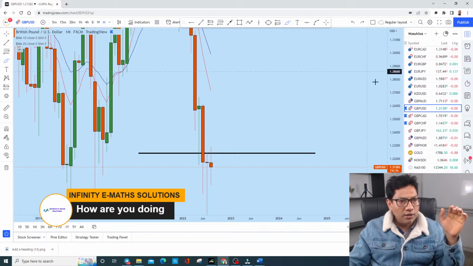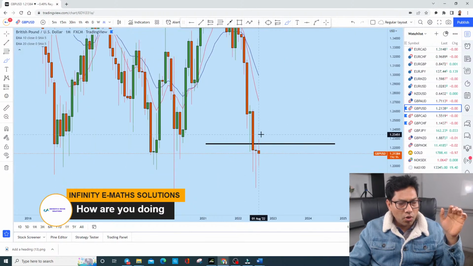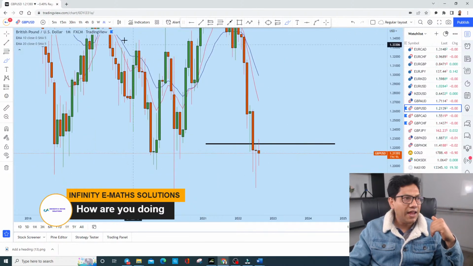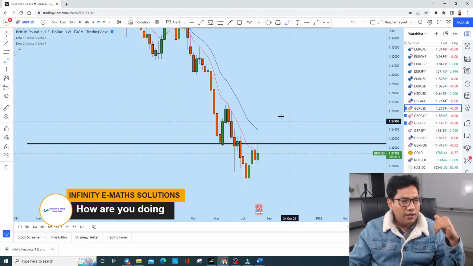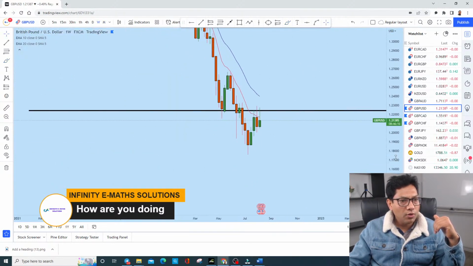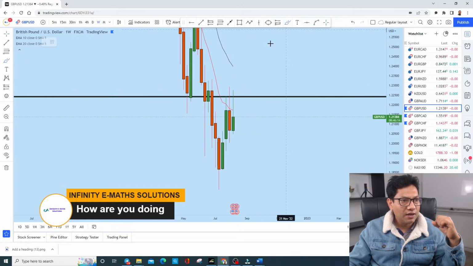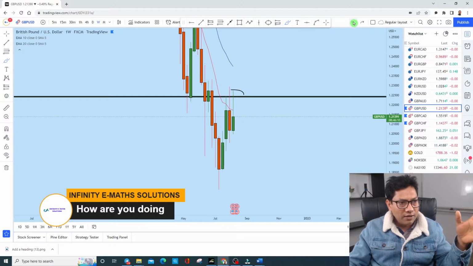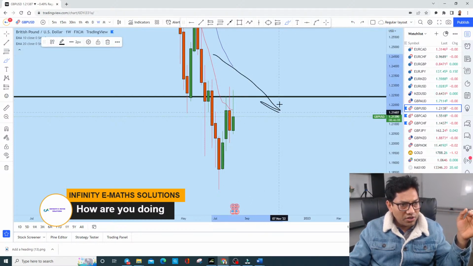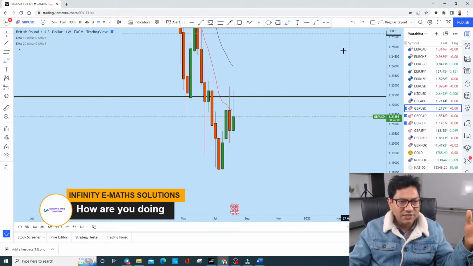So British pound US dollar has broken this high and retreated back again. If you look at the weekly, the same thing: the price has created a series of lower highs, you see that? That means this is a long-term bearish market, and that's the confluence you need to keep with you, with the monthly and the weekly in the same direction.